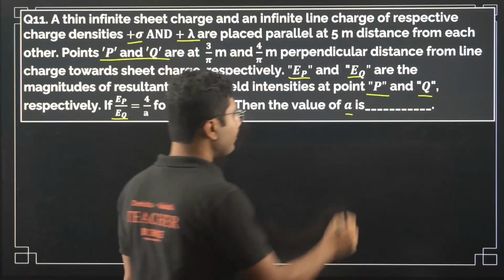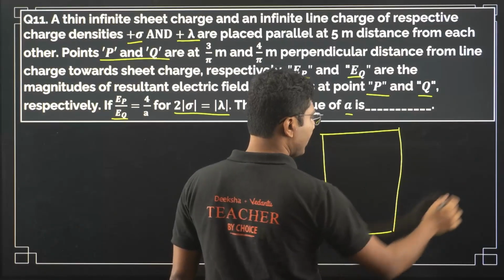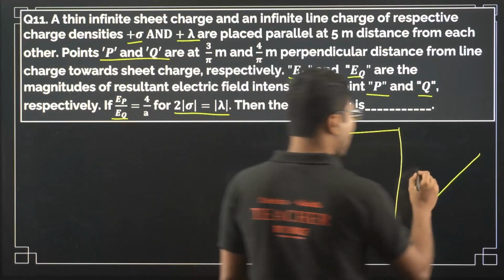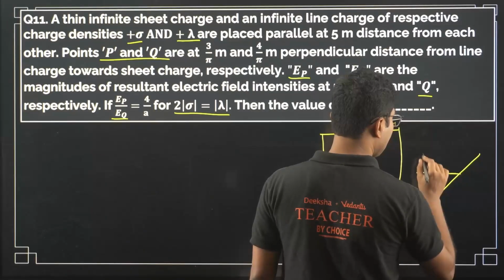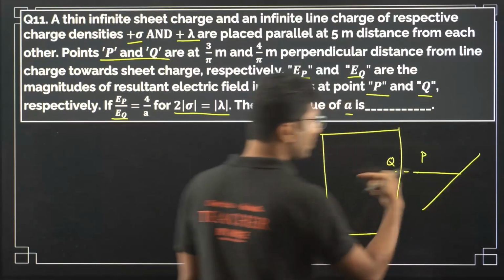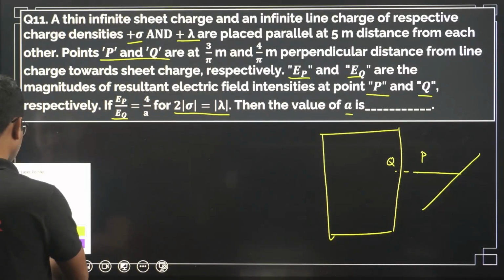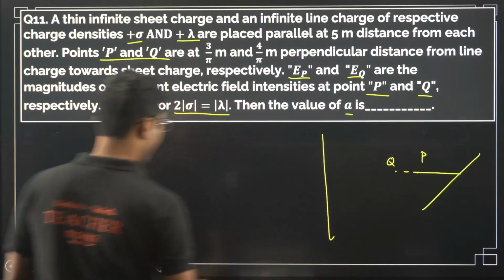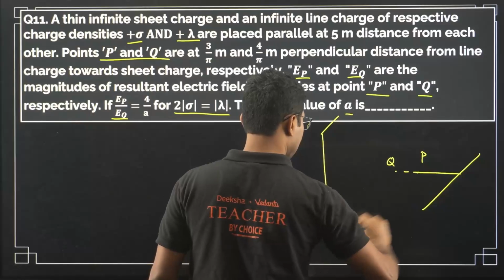So what we have is a charged sheet, a line charge, and two points, point P and point Q, towards the sheet of charge. Let me redraw it a little bit better. Infinite sheet, so it should be like this.